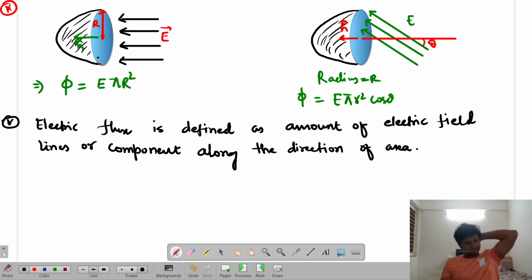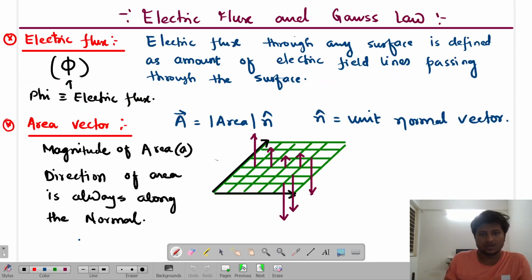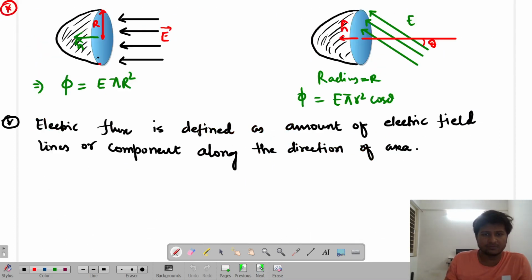Is that clear? Okay, so we got to know so many things about our area vector and flux. Now let us implement it through some numericals.